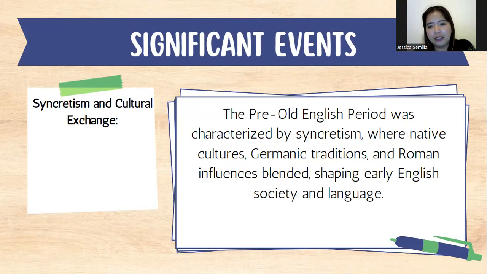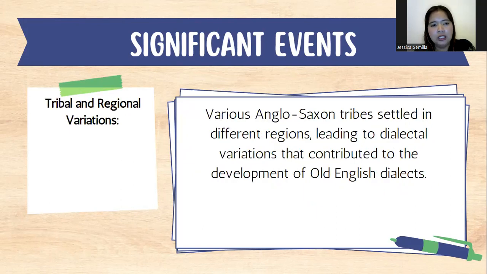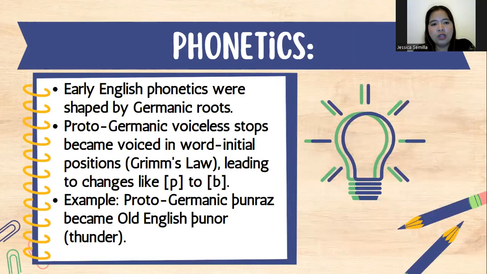Here, we have the native culture, Germanic tradition, and Roman influence blending, already shaping early English society and language. Next one is tribal and regional variation. Various Anglo-Saxon tribes settled in different regions and led to dialectal variation that contributed to the development of Old English dialects. So here, we have the different branches of English that we would like to see.